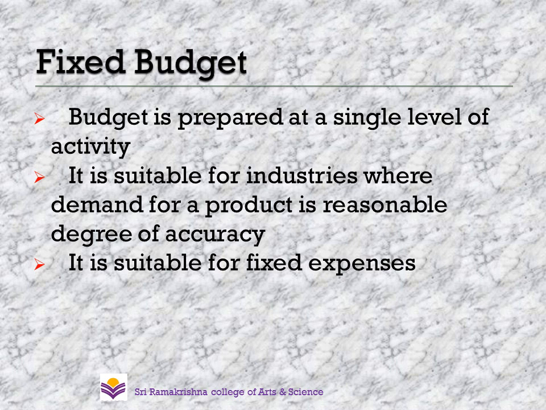This fixed budget is useful when there are no significant variations between budgeted and actual output. It is prepared at a single level of activity, and it is suitable for industries where demand for the product is reasonable at a degree of accuracy, and it is suitable for fixed expenses.